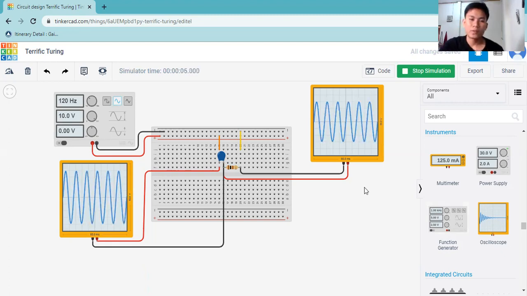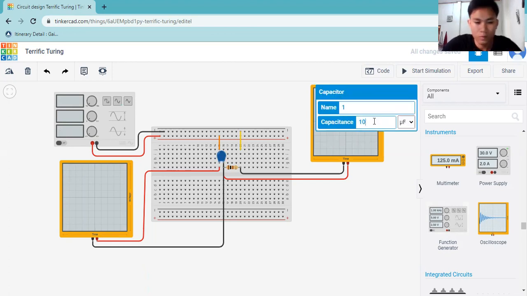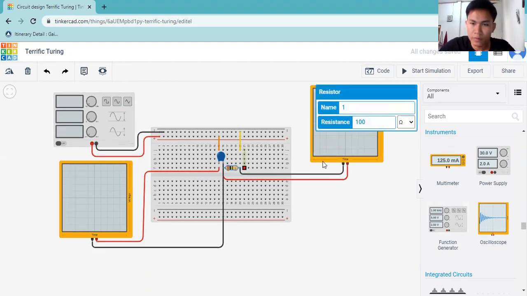So let's go to the simulation of part 2 of this experiment. In part 2, we need a capacitor of 4.7 microfarad and a resistor of 3.3 kilo ohms.